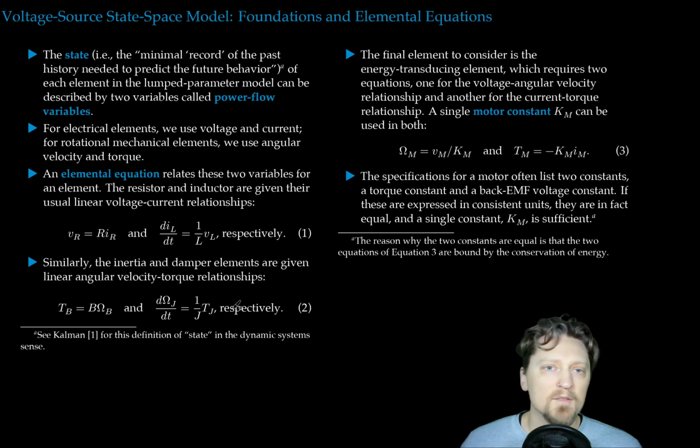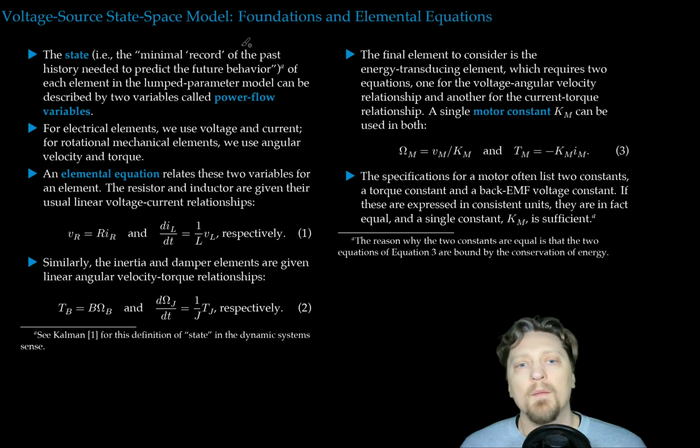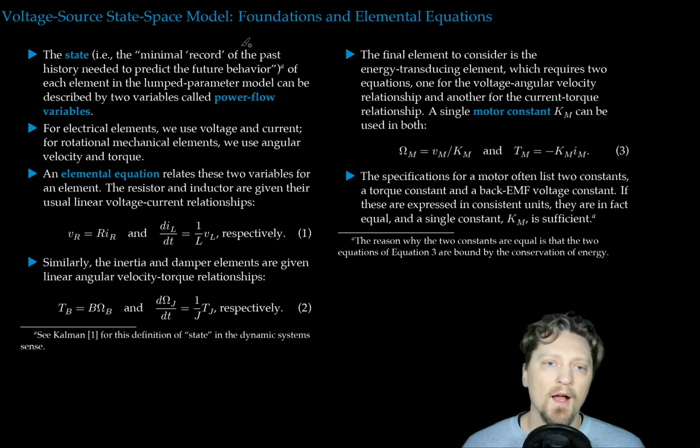Voltage source, state space model, foundations, and elemental equations. The state, i.e., the minimal record of the past history needed to predict the future behavior, which is Kalman's definition of state, of each element in a lumped parameter model can be described by two variables called power flow variables. For electrical elements, we use voltage and current.